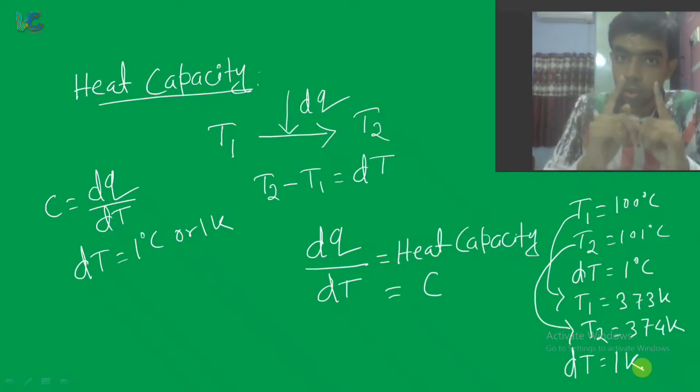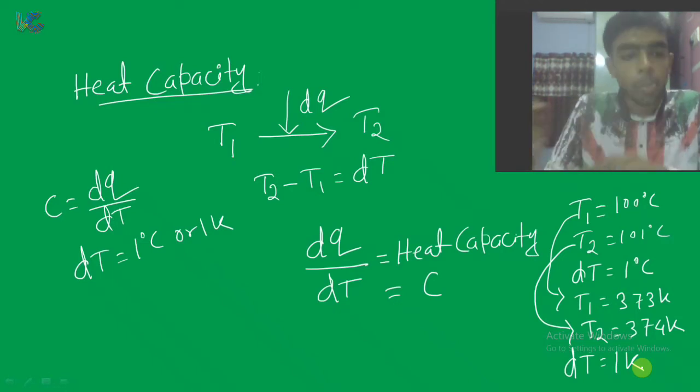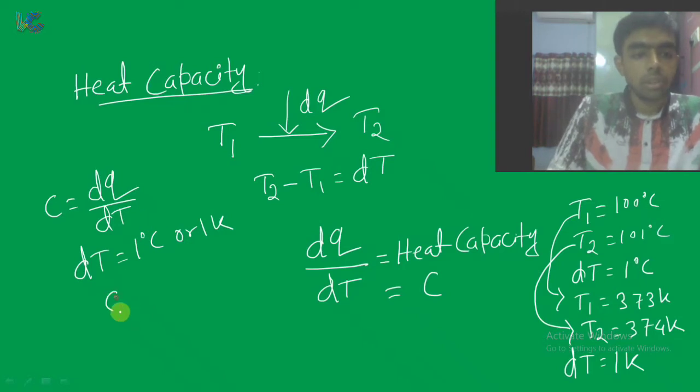When I say the change in temperature is 1 degree centigrade or 1 Kelvin, both are the same. In that case, C will become equal to dq.